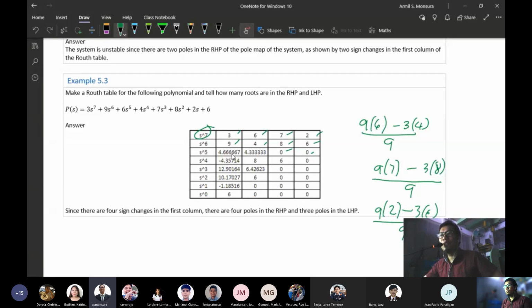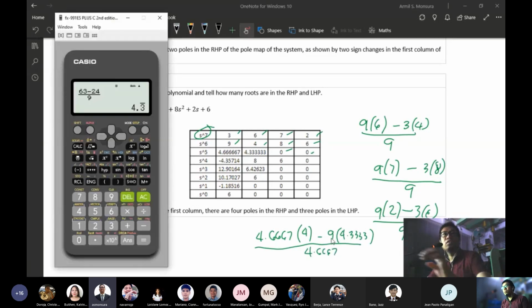Now, this one first, 9 times this. So this and this, then this and this, so we can compute this. So this should be 4.6667 times 4 minus 9 times 4.3333, divided by 4.6667.